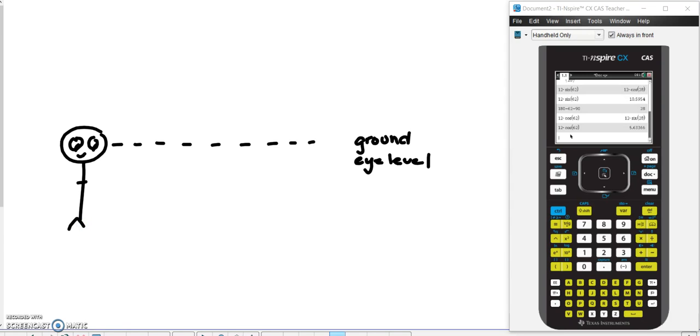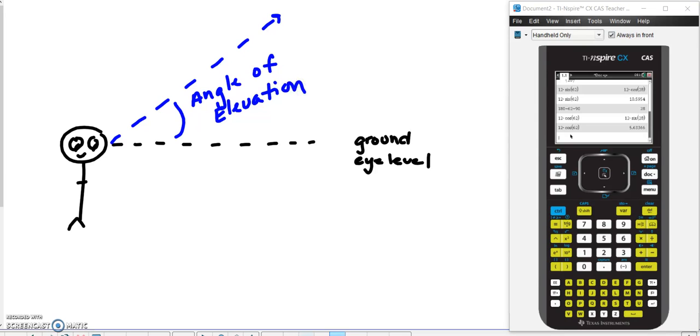An angle of elevation is going to be from the ground level or wherever you're starting up. So this would be our angle of elevation. Or if we're going and looking down or traveling down, this would be our angle of depression. It's always from some sort of ground or eye level, some level ground, and then we're either going up or down.